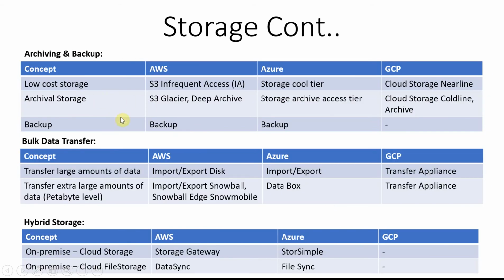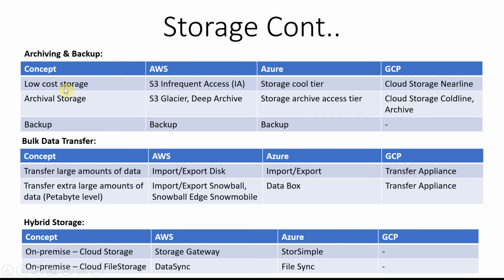But if you're looking for archiving and backup, every requirement is different for data storage. If you're looking for a low cost storage option, then we have various tiers in this storage category in all the cloud vendors. For example, in AWS it is S3 Infrequent Access. From the name, it is infrequent access: whatever data you don't use frequently, you put in infrequent access.